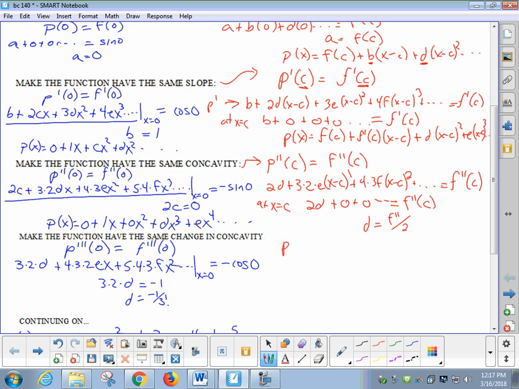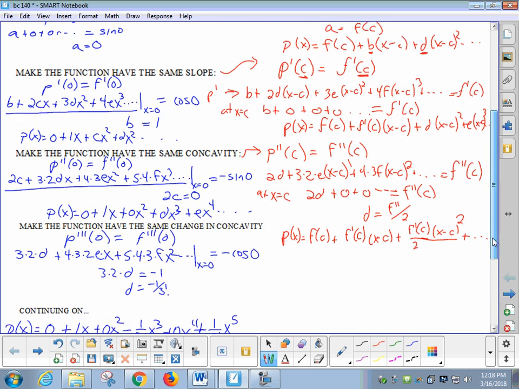So my polynomial is f at c plus f prime at c, x minus c, plus f double prime at c over 2, x minus c squared, plus some other stuff we still haven't found. Stop me if you're confused. It is squared, yes. Thank you. It is squared. Okay.